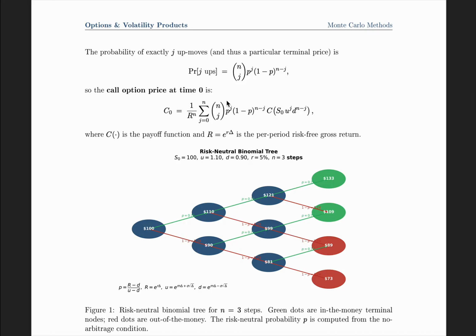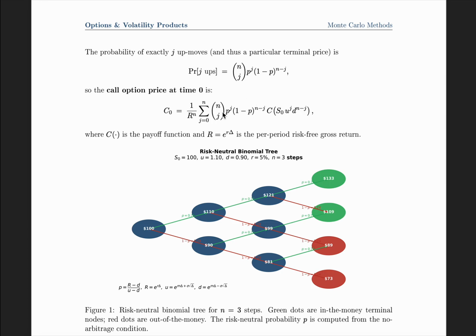And the total probability of getting exactly j up moves is this, right? It's n choose j times the probability of getting an up move to the power of the number of up moves times the probability of a down move to the power of the number of down moves.